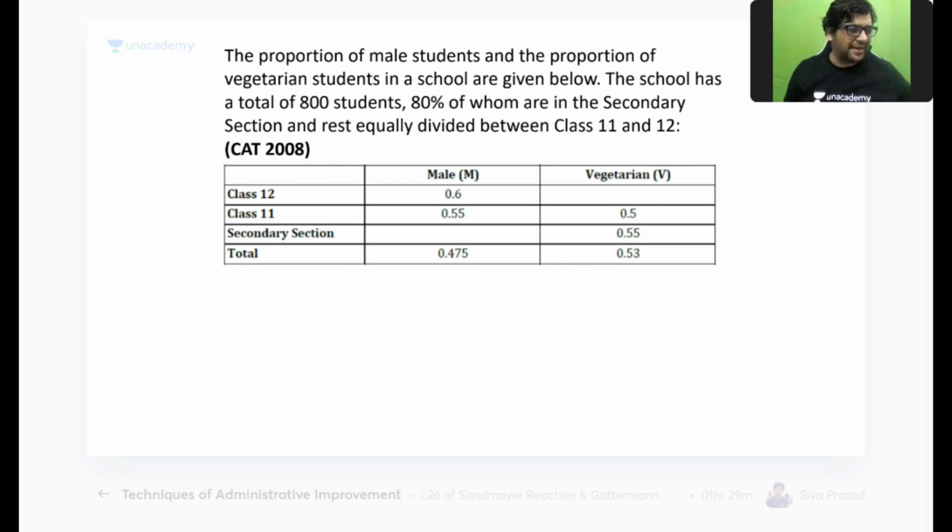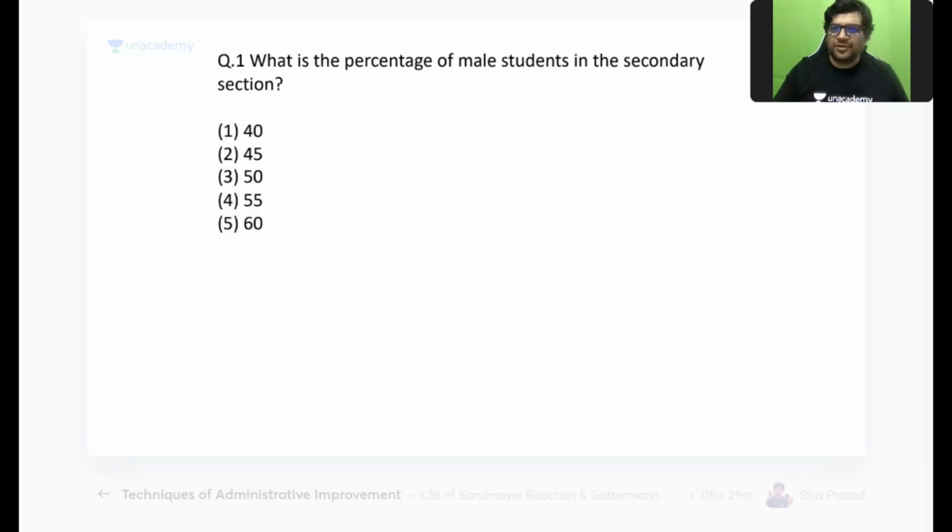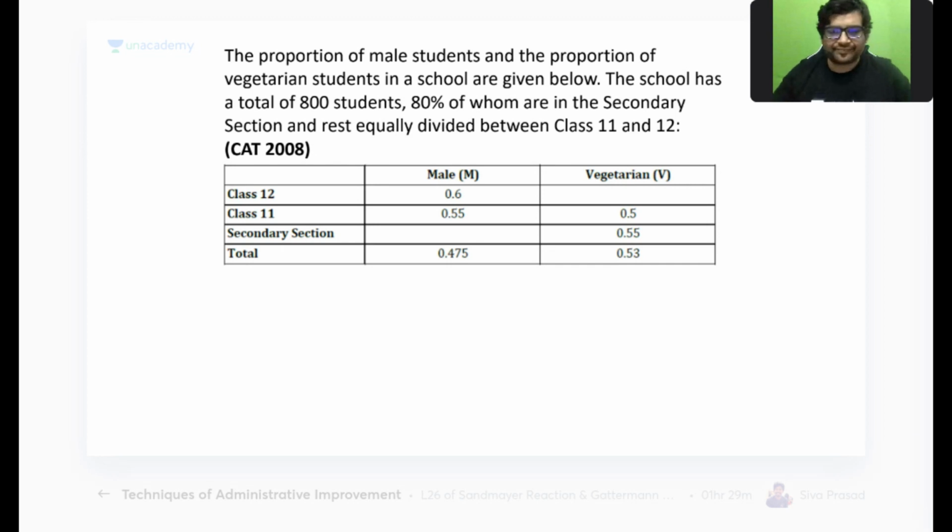This is from CAT 2008. So how do you start with this? Or you have questions directly. The proportion of male students and the proportion of veg students are given.